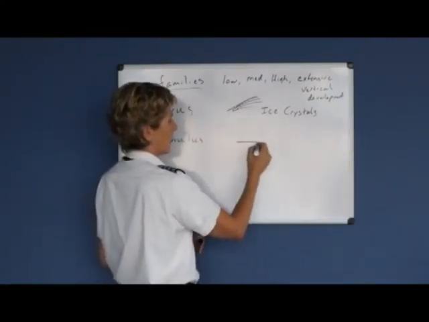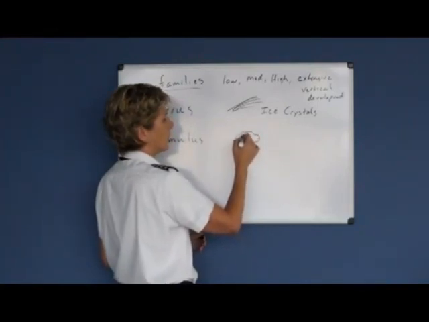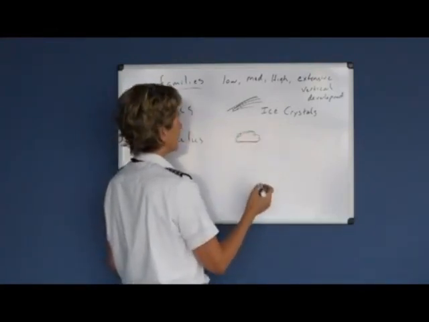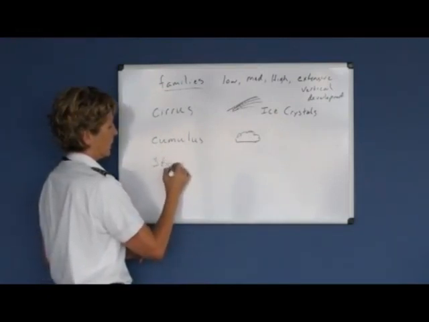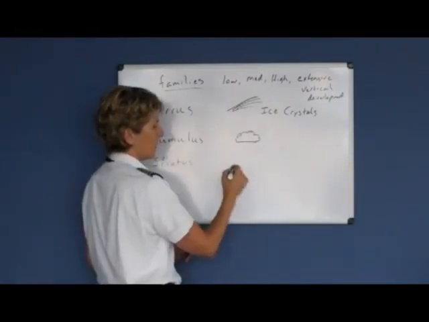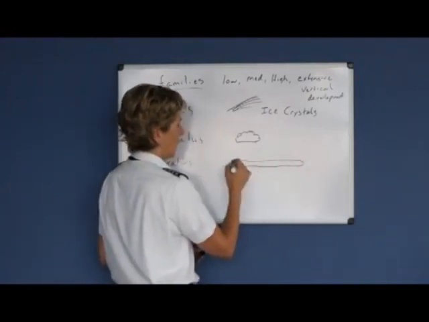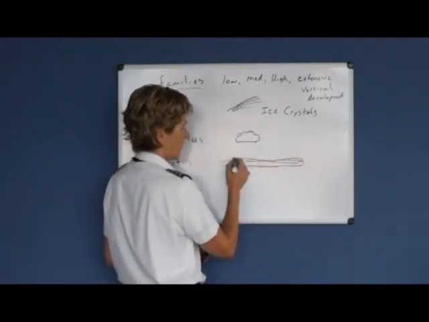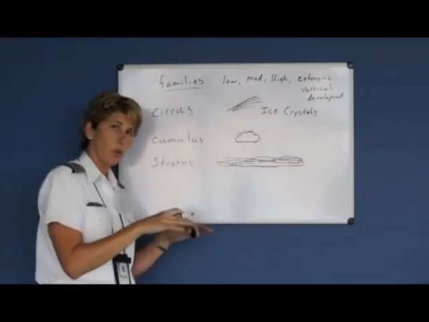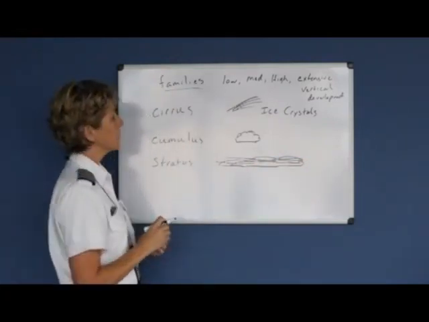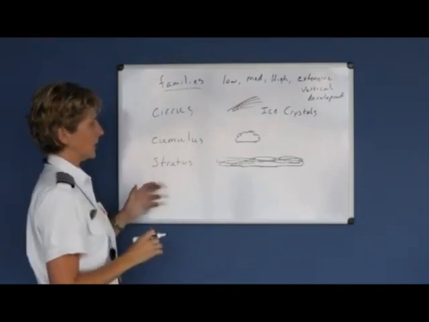Cumulus clouds are the white, fluffy, cotton ball looking clouds. And then we have stratus. Stratus clouds are those clouds that don't have much shape or dimension to them. It's kind of hard to see where they stop and start, the low grayish clouds. And those are your 3 main types of clouds.